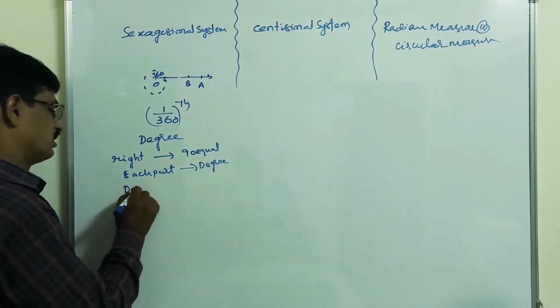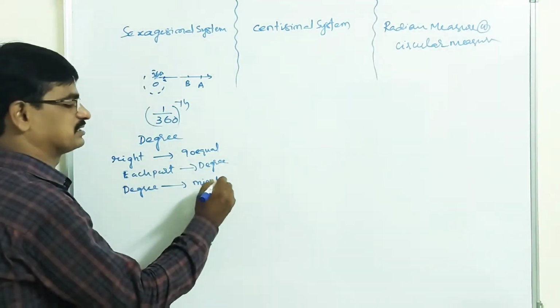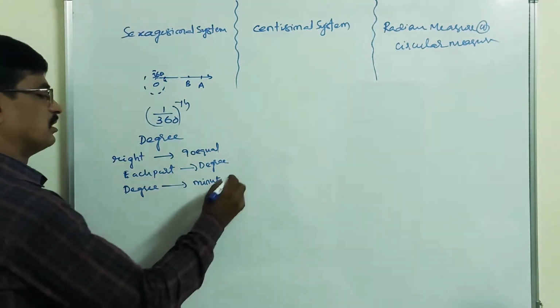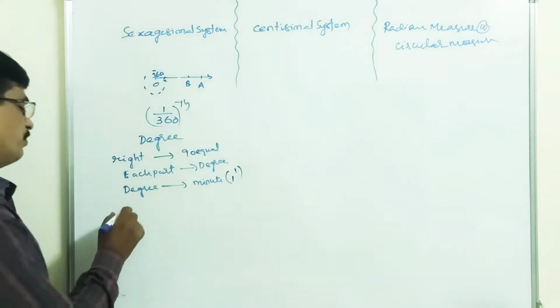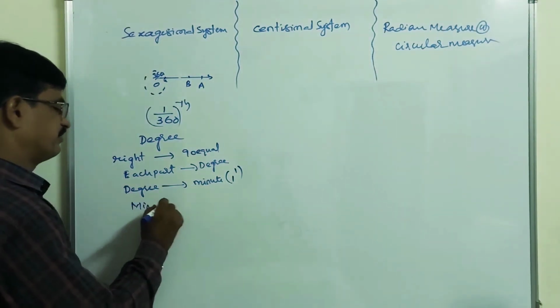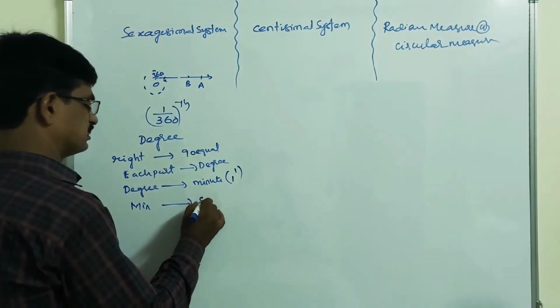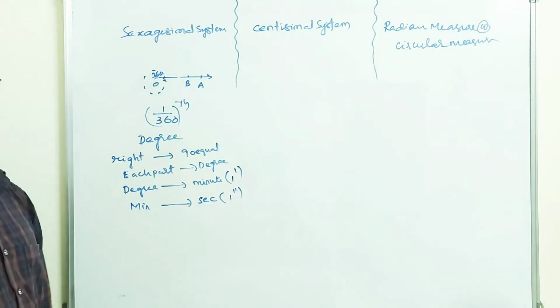Further, a degree is divided into minutes. Minutes can be represented like this. And a minute is again divided into 60 equal parts, that is seconds. Seconds can be represented like this.